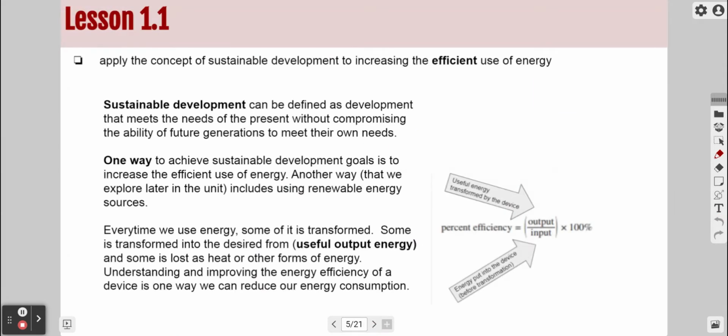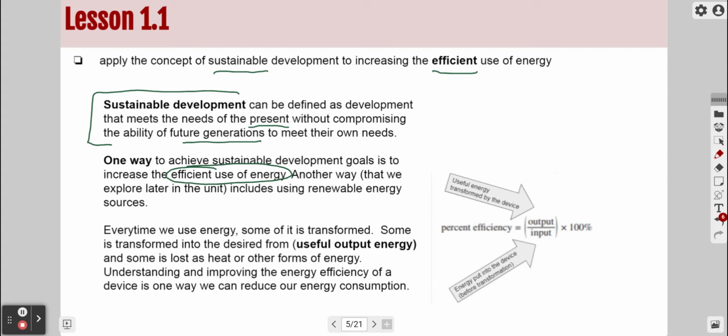Okay, so we're going to apply the concept of sustainable development to increasing the efficient use of energy. So sustainable development, we have our definition here, can be defined as development that meets the needs of the present without compromising the ability of future generations to meet their needs. So one way that we can achieve sustainable development goals is to increase the efficiency of energy devices, or the efficiency of what we're using.